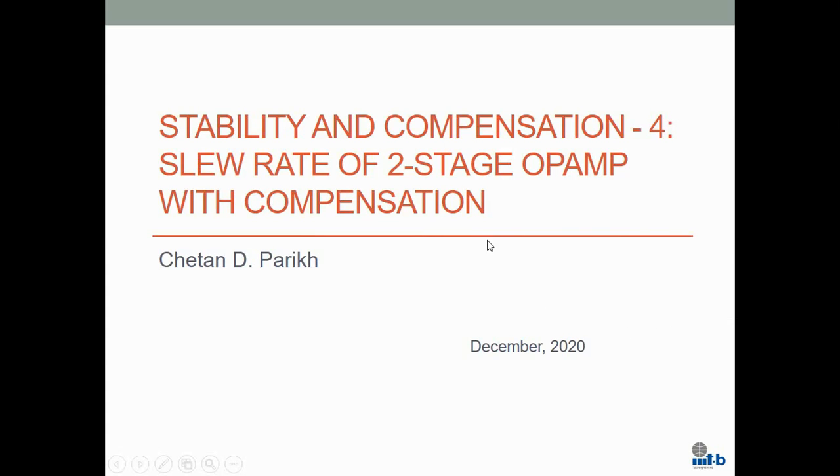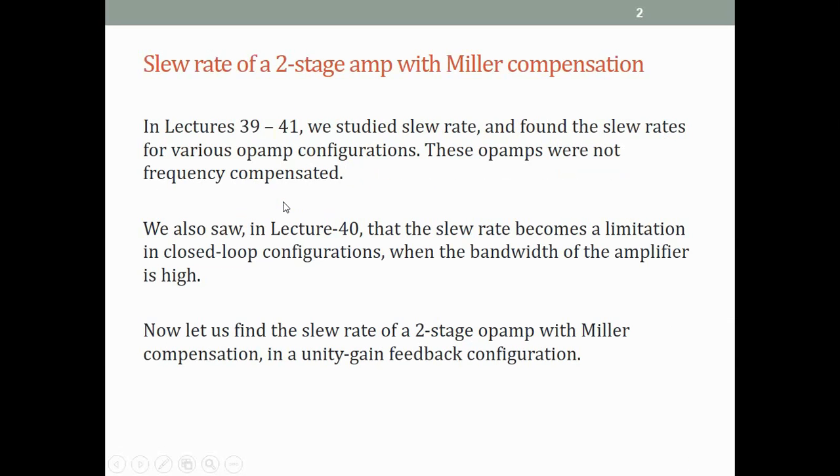Okay, so as I said last time, this lecture will talk about the slew rate of a two-stage op-amp with compensation. In lectures 39 to 41, we had studied slew rates and found slew rates for various op-amp configurations.